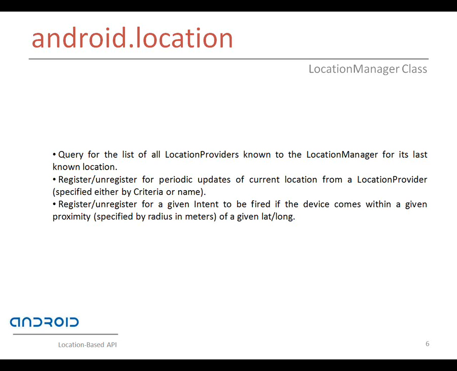Every time we prefer to use network based provider rather than using GPS based provider. So first we check the location from the network based provider. Then we go to the GPS based provider. Both have some merits and demerits that we'll discuss.